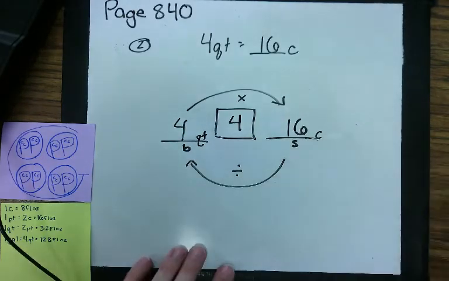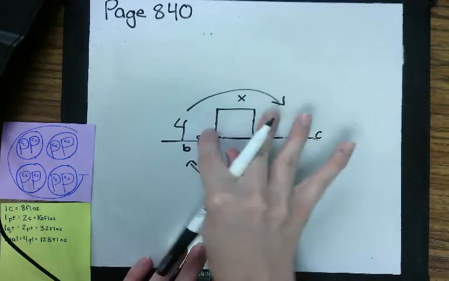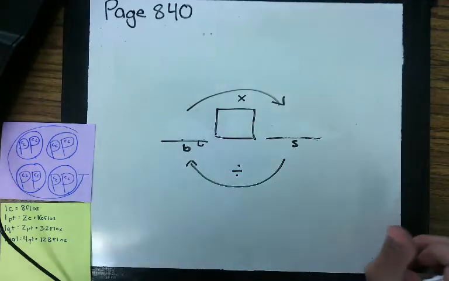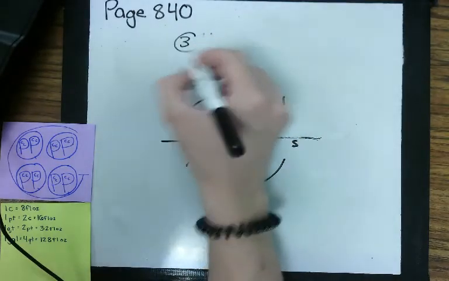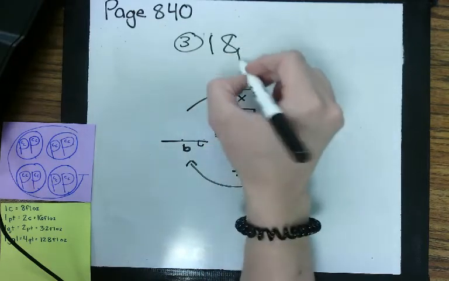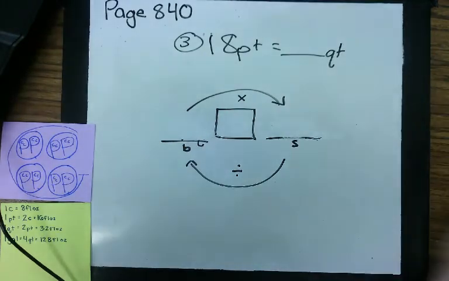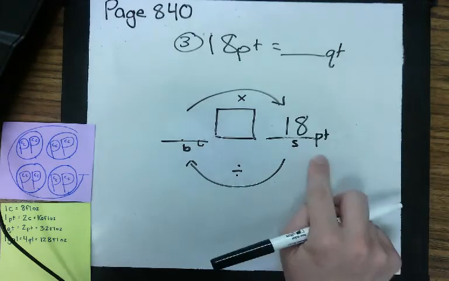All right. Moving on to number 3. Okay, number 3. 18 pints is how many quarts? Okay, in this case, pints is smaller than quarts, so we're starting on the small side.